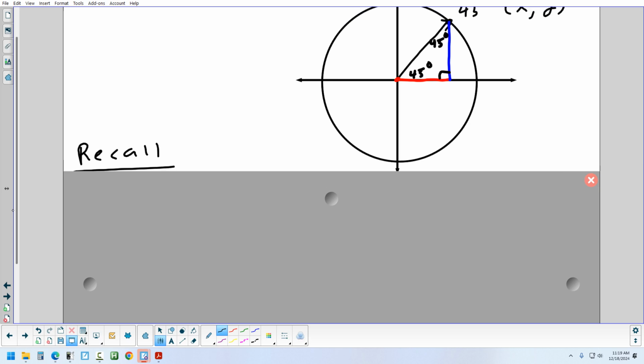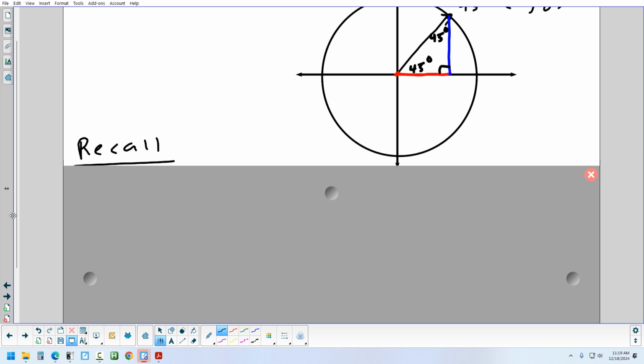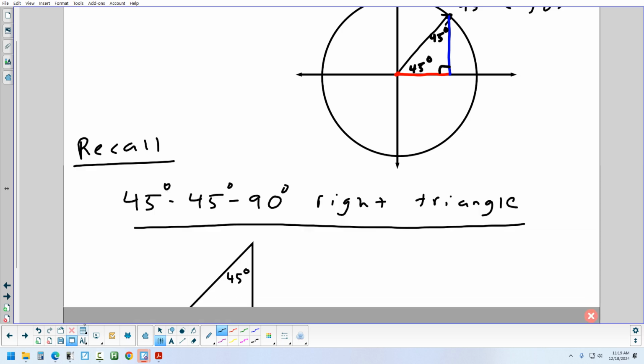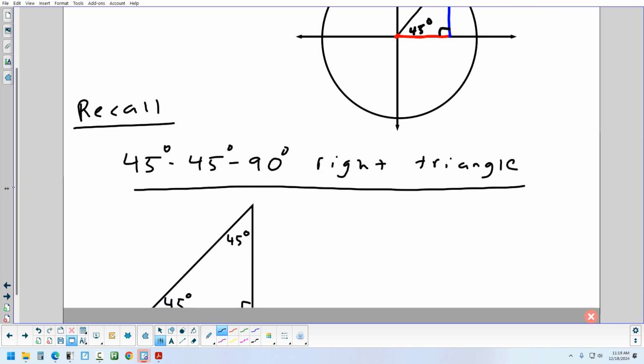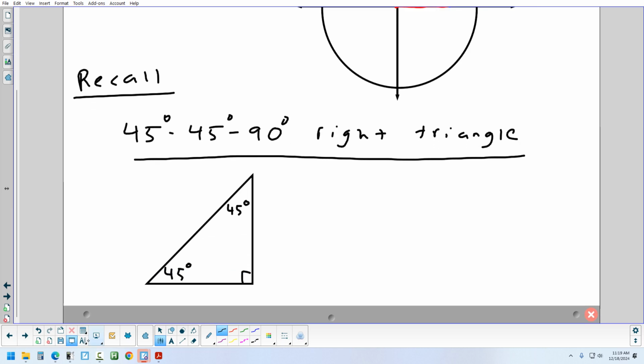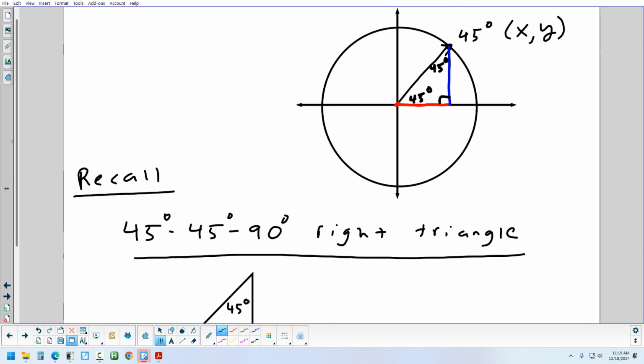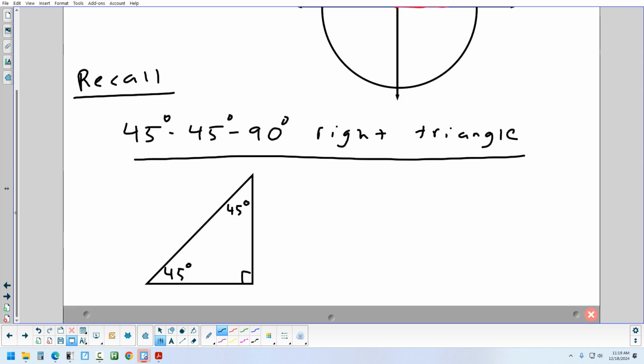They all have to add up to 180. So that means the one at the top has to be a 45 because you already used up 45 and 90 at the bottom. So that is a 45, 45, 90 right triangle. I've drawn the same triangle a little bit bigger so we can work with it a little easier. Is there any side in that triangle that we already know?